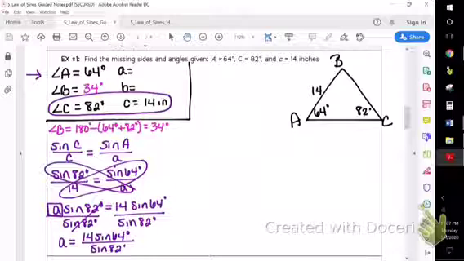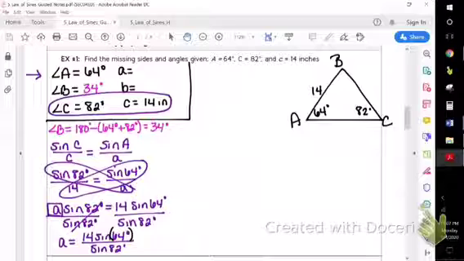Now just be super careful when you go to put this in your calculator. Because remember, when you hit that sine button, it's going to open a parenthesis. So it's very important on that top one that you close it if you're going to try to type this all in at once. Now you could type in your 14 sine of 64 degrees, hit enter, and then do divided by sine of 82 degrees, and you'll get the same answer, or you can do it all at once.